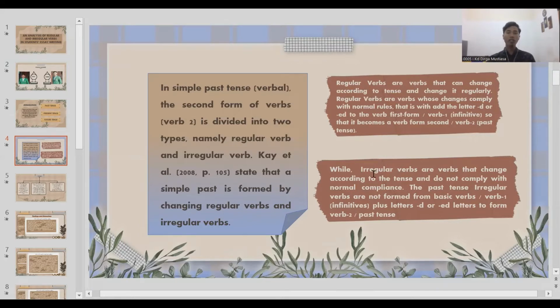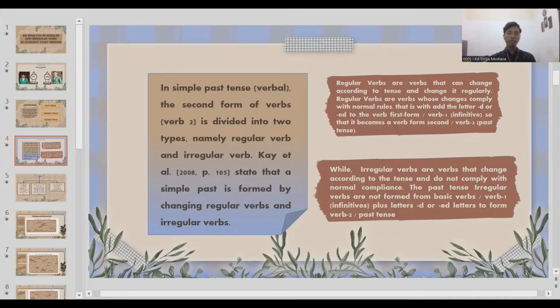While irregular verbs are verbs that change according to the tense and do not comply with normal rules. The past tense of irregular verbs is not formed from basic verbs, or verb one or infinitives, plus letter D or ed to form verb two or past tense.